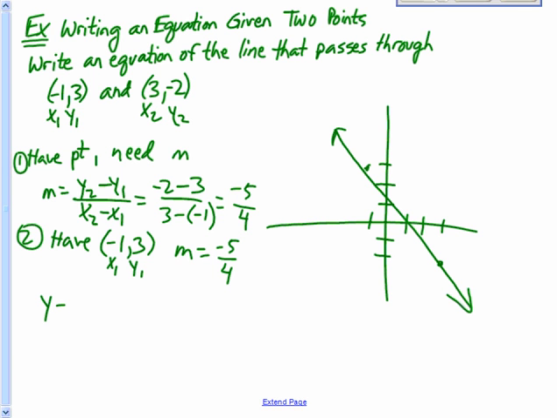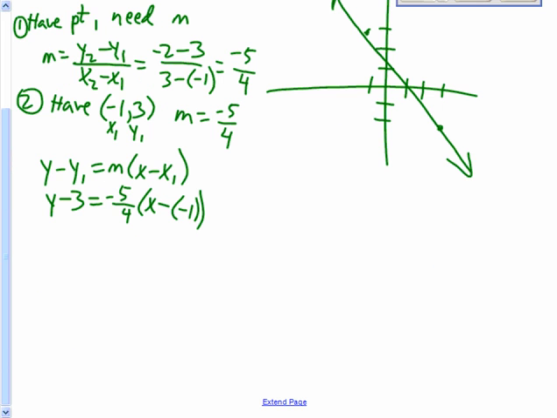Okay, and then we use point slope formula again, just like we did before. So y minus 3, our m, negative 5 fourths, x minus the negative 1. Then we distribute that: y minus 3 equals negative 5 fourths x minus 5 fourths. Add the 3, get a common denominator.